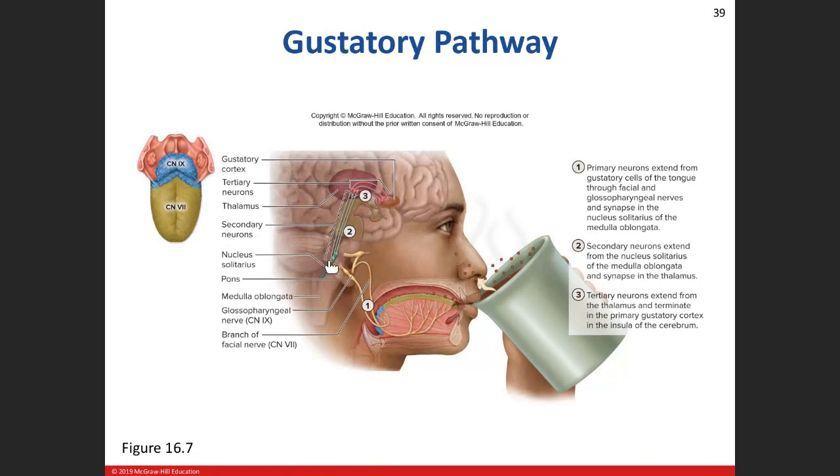Those primary neurons synapse onto the secondary neurons, which send up to the thalamus. From the thalamus, they synapse onto the tertiary neurons, which go to the primary gustatory center. And then that's when you have conscious perception or realization of what the heck it was that you just put in your mouth.